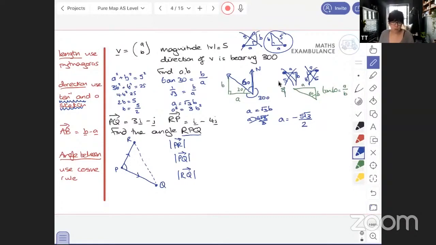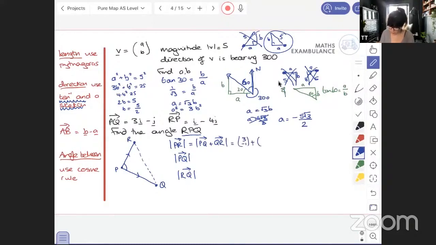P to R. I don't know what P to R is. I've got P to Q and R to P, but I haven't got P to R. Well, I could go P to Q and then Q to R. That would be the same. So P to Q is 3, minus 1.